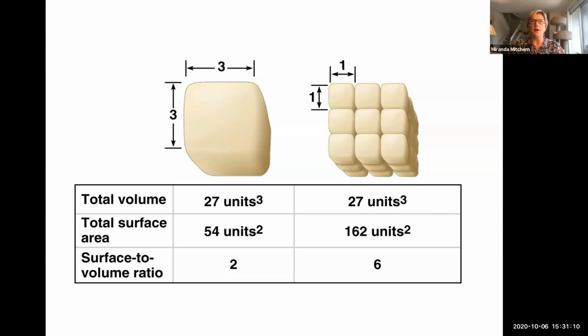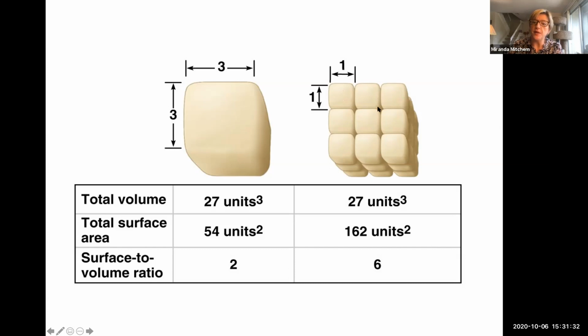So let's think about the surface area of wrapping paper that would be needed in both of those examples. If it's a single box, we only need 54 units squared of wrapping paper because we only have 6 sides, right? 4 around and then the top and the bottom.